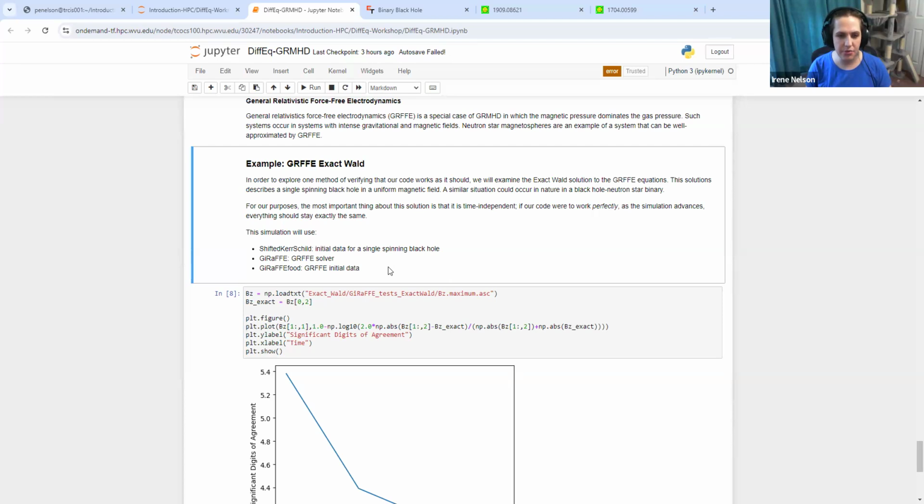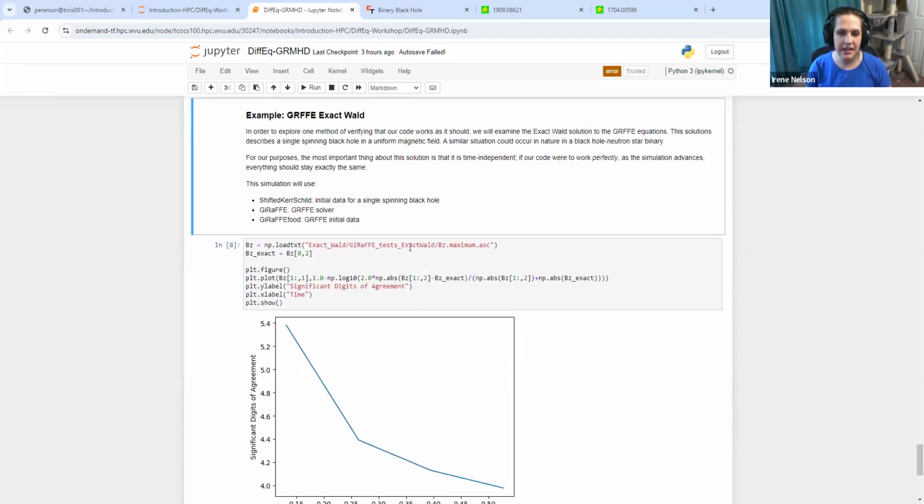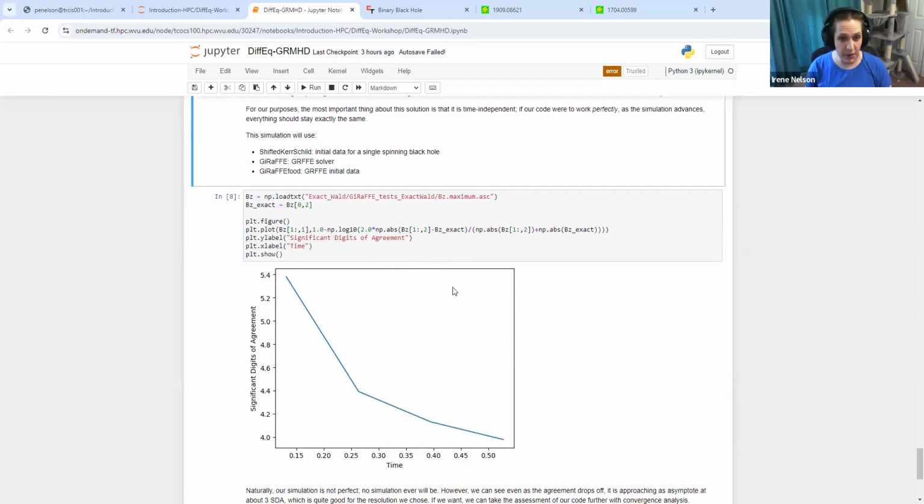So we're going to take a look at the maximum magnetic field in the z direction. What we're plotting here specifically is the agreement with the exact solution, which we can just take from time 0, because what we're putting into the simulation, the initial data, is the exact solution.